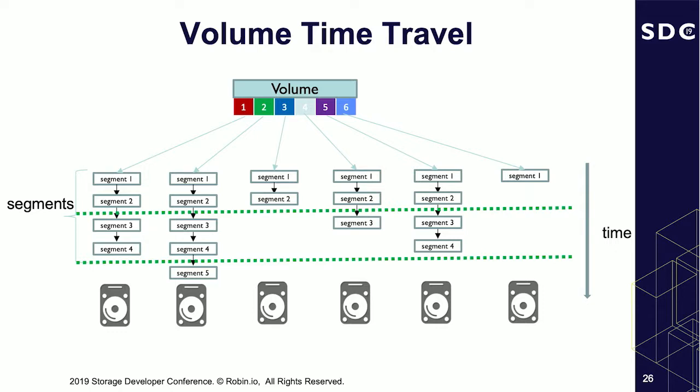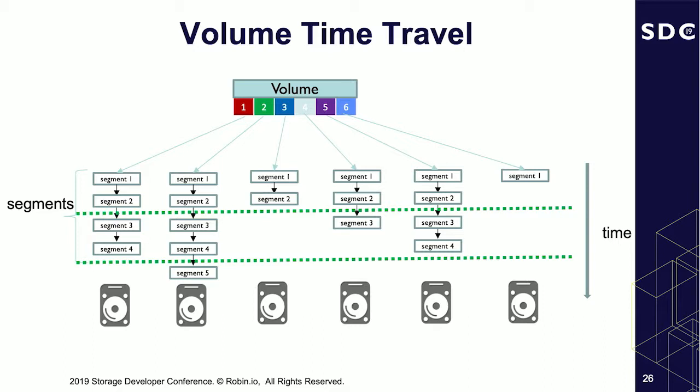Now, because the I/Os are written into segments, at any point in time, we are able to draw a line across all the slices of all the volumes of an application and say that this is a snapshot. Each segment is associated with a snapshot ID, and when we see a particular I/O which is of a higher snapshot ID, we'll write it to a new segment.